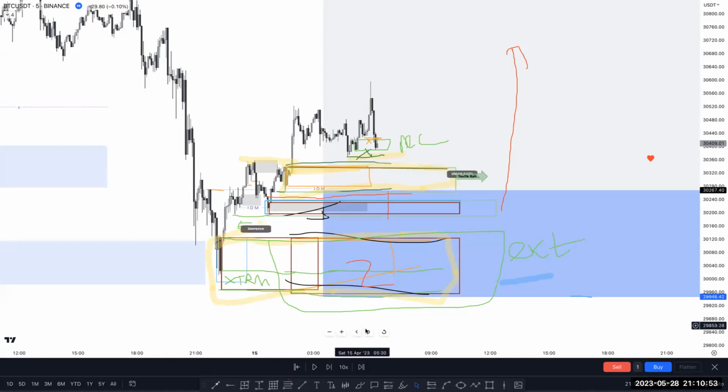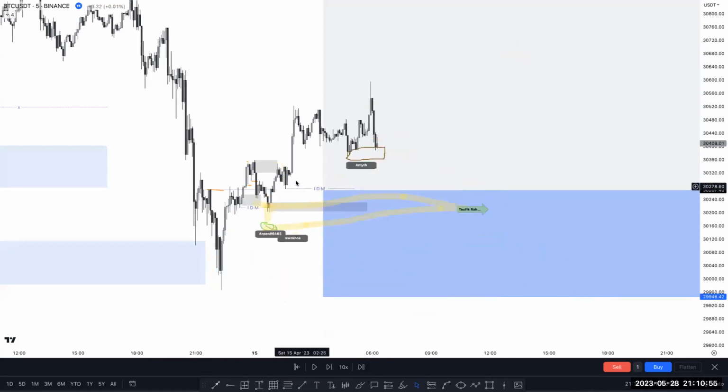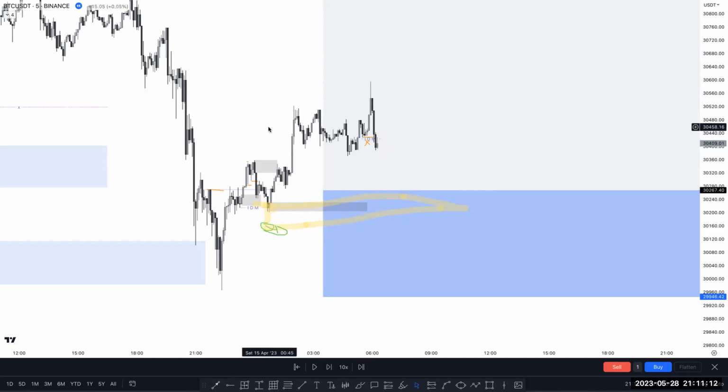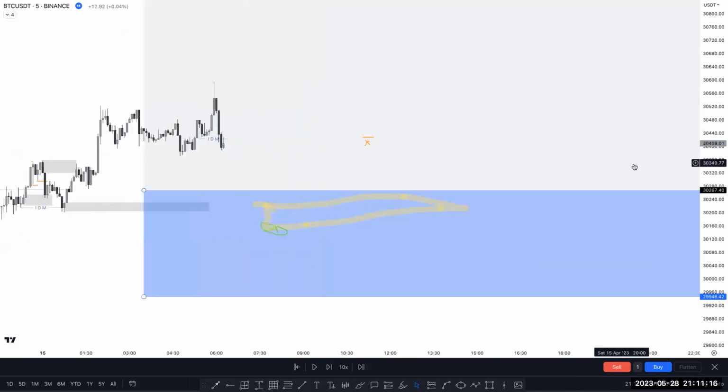Let me delete this one. Look at this one. Very simple thing. You need inducement. So where is the inducement? Here. This one. And after taking out this inducement, you should buy. Here.